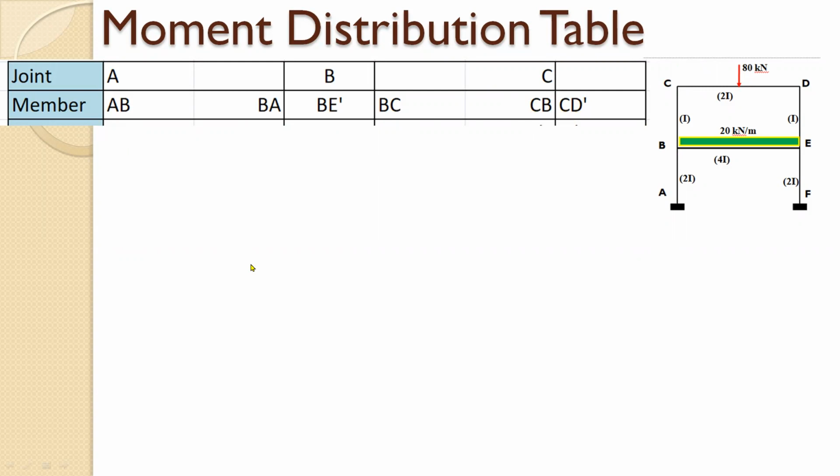After writing these joints and members, next step is to write the distribution factor. We have calculated distribution factor 0.5, 0.25 and 0.25. At joint C, 2 by 3 and 1 by 3.